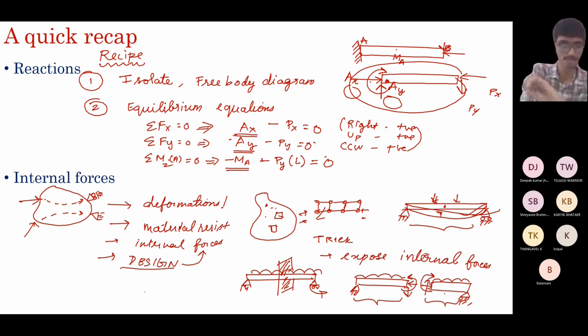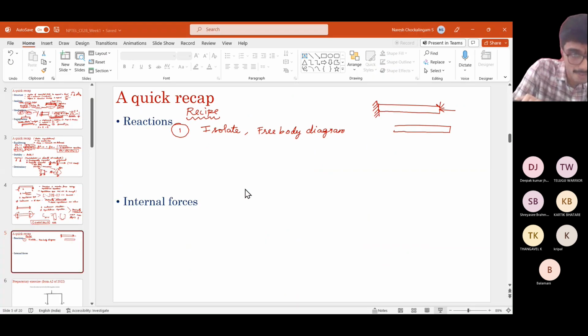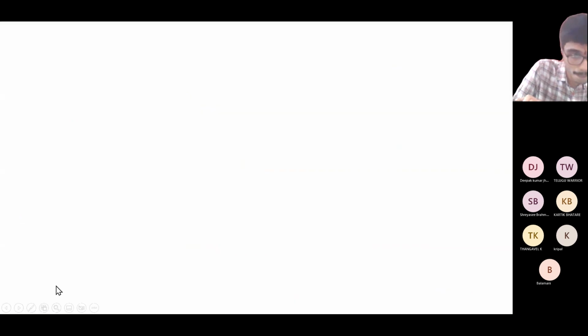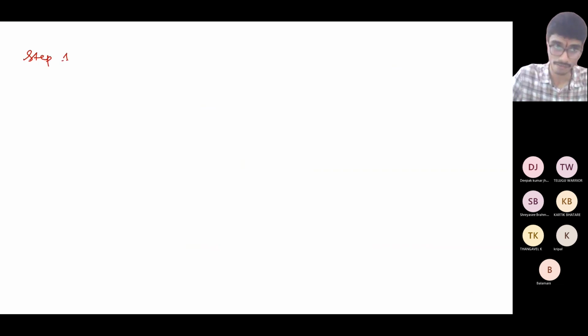So again, the recipe is as follows. Step 1 for determining internal forces is, again, always isolate.